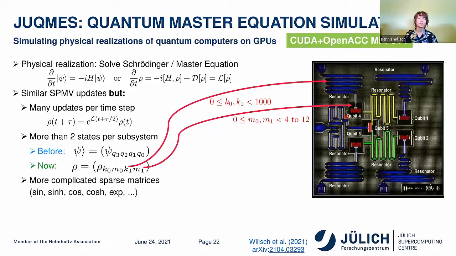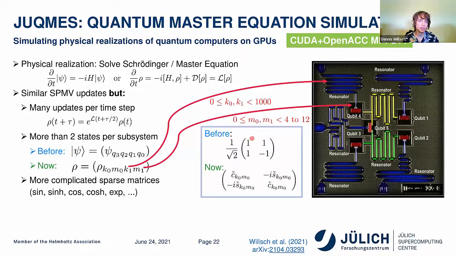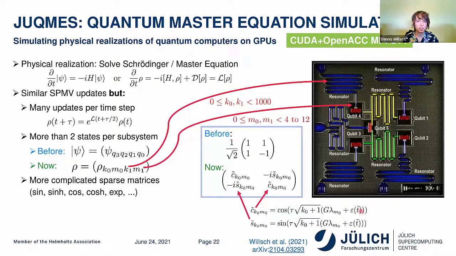And then the third thing which makes these simulations a bit more complicated is that these matrices that we do might involve the computation of a sine or a cosine function. So before we had simple quantum gates like fixed matrices already determined at the beginning of the computation, like this Hadamard matrix. Now we have a matrix which looks like this, and it involves the evaluation of a time-dependent function.